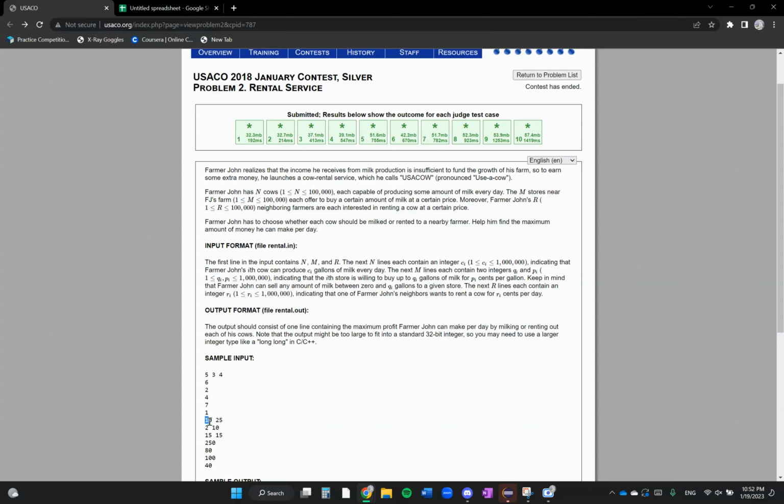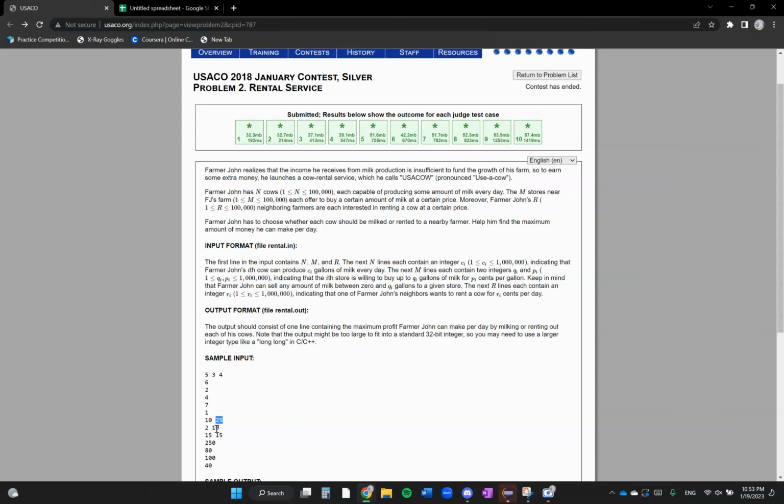So the first number for the M stores is going to be the maximum amount of milk. So this store is going to buy up to 10 gallons of milk, and each gallon is going to be 25 cents.